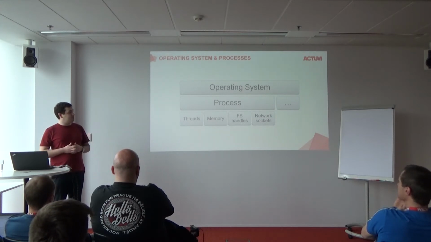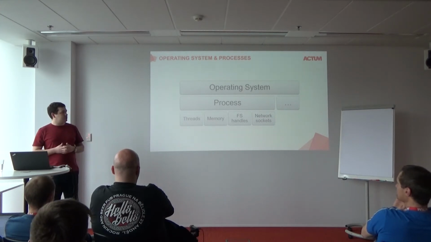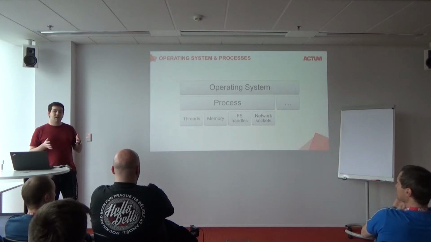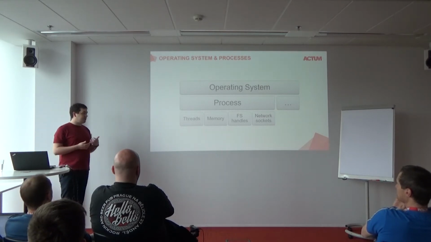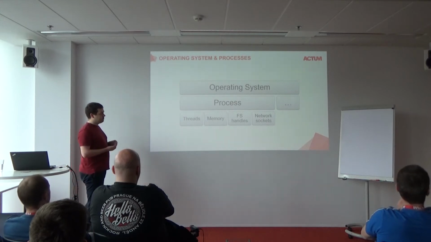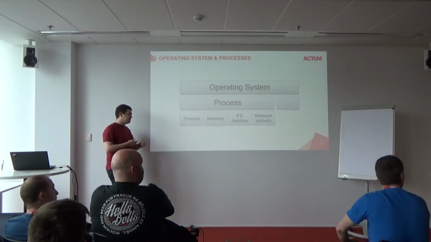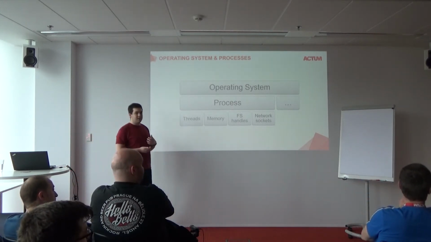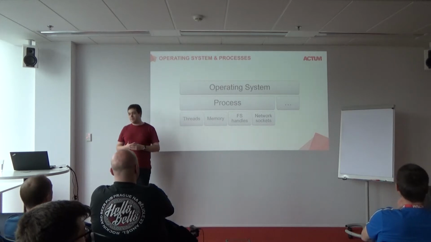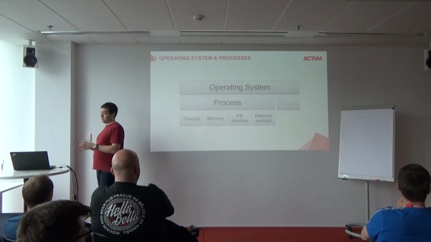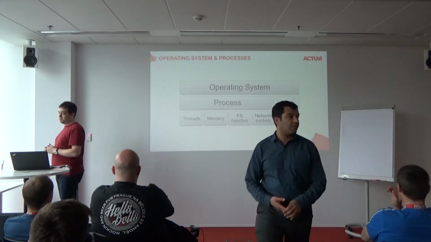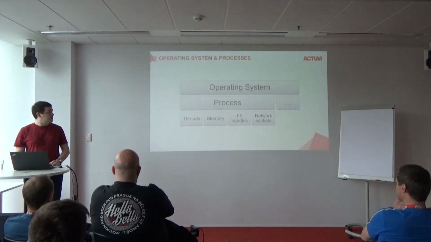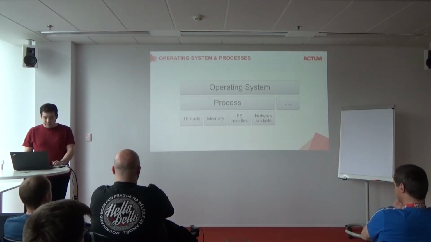So in the operating system, each process has some isolation levels, and it has its own threads assigned, some parts of the memory, file system handles, TCP/IP sockets, and other stuff that we can work with, and that is assigned to the process. When the process ends, all these resources should be released by the operating system.